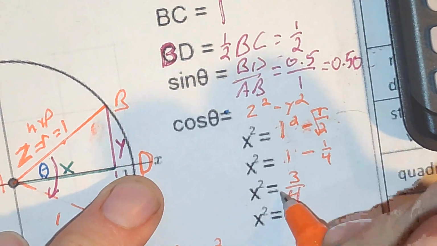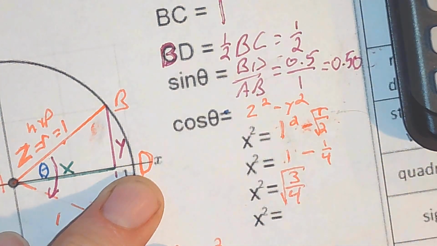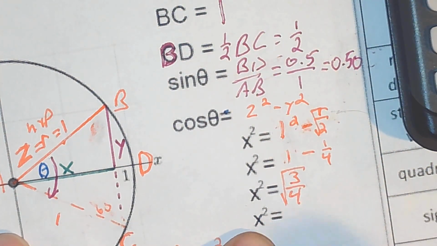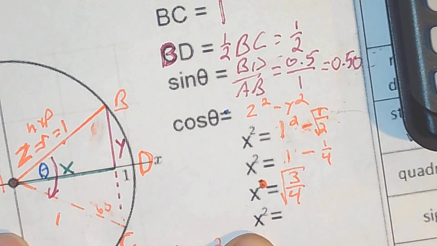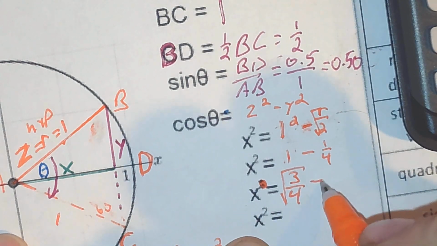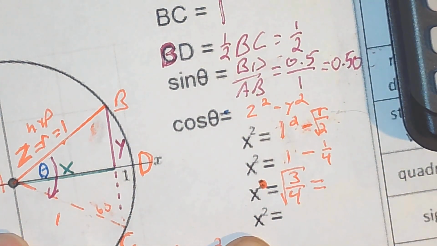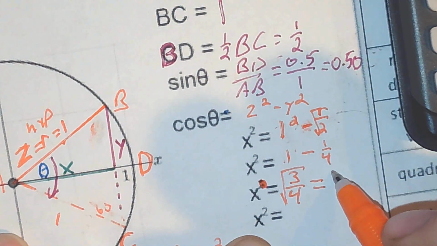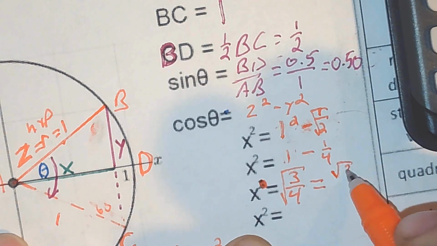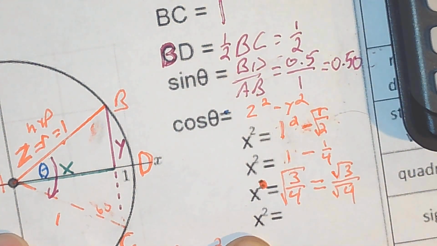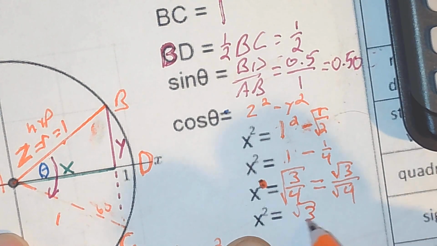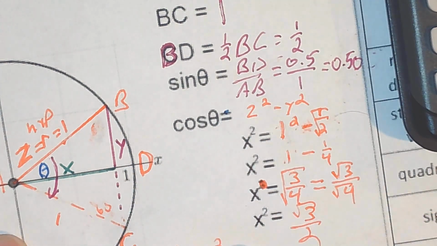I have to square root it, to get rid of the squared x. So that's going to be equal to the square root of 3 over the square root of 4. So this is going to be equal to square root of 3 over 2.